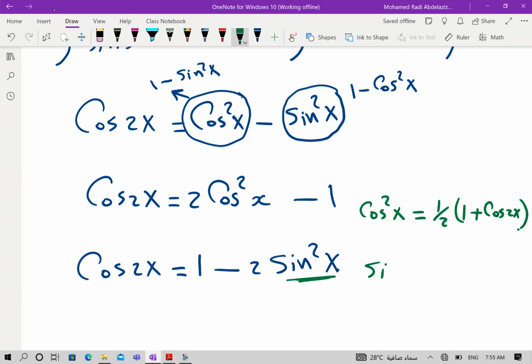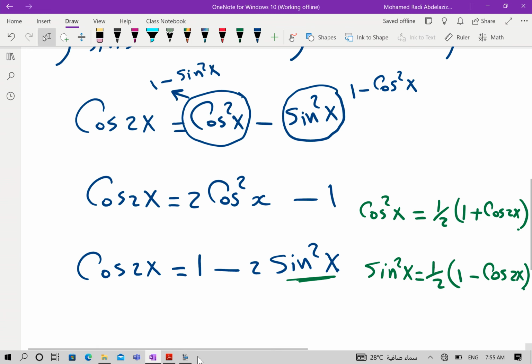Then you will get sine squared x is equal to half, open bracket, 1 minus cosine 2x. We'll use these 2 identities to integrate sine squared and cosine squared.